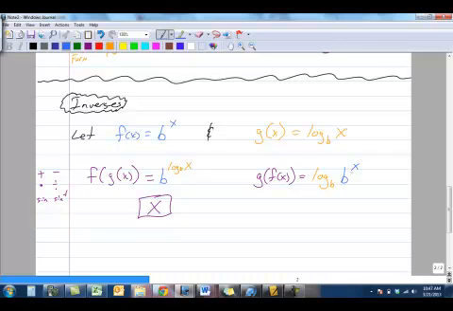Now, that doesn't look anything like this, but here's what's up, y'all. If I have log base b of base b to the x, they're mortal enemies of each other, and they will cancel each other out, leaving, again, what was an exponent, now just on its own, just x.